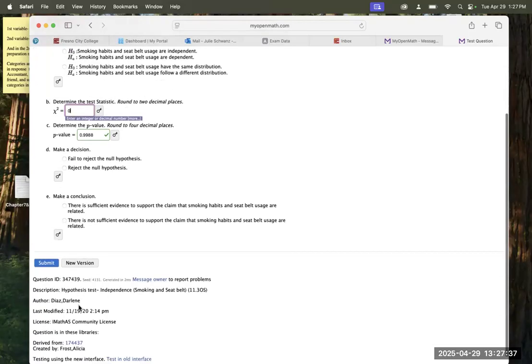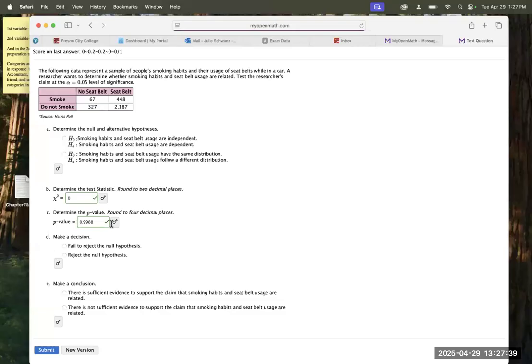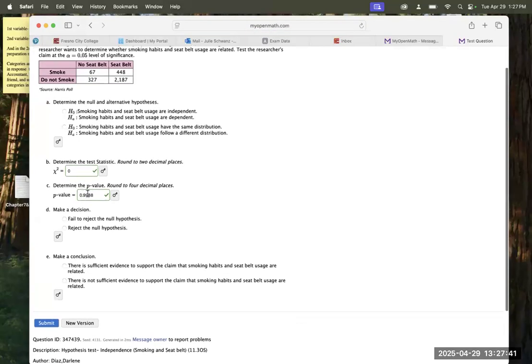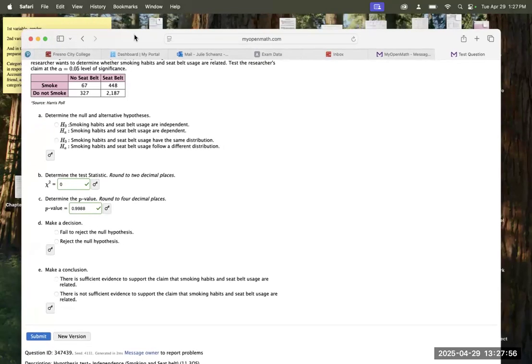So the chi-square is 0, and the p-value was a little bit different in the 4th decimal place than theirs, but it's accepting things a tiny bit off from what they actually calculated. That might be because sometimes people use a table to calculate these values, and then they would have a value that's slightly different.